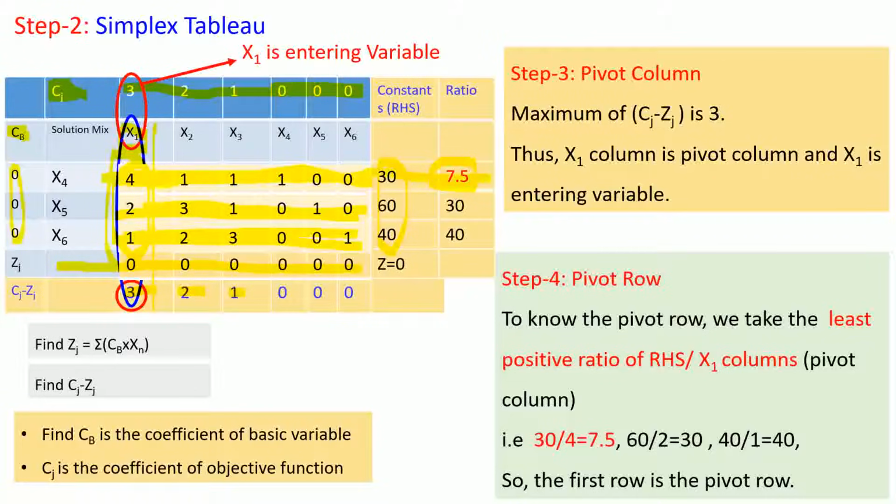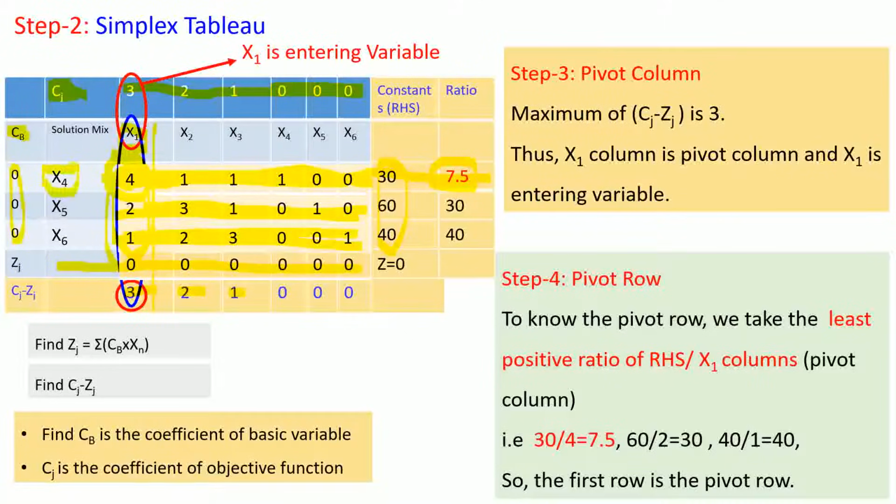Here, the intersection of the pivot row and the pivot column is 4, so it is the pivot value. And X1, as I said before, is the entering variable, whereas X4 is the leaving variable.